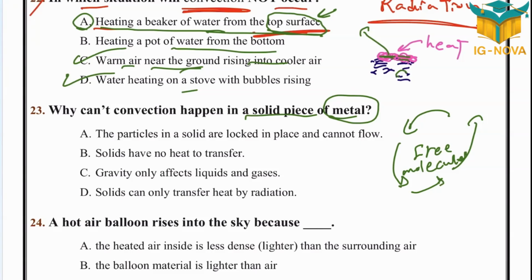In a metal, the molecules are very tightly packed, with no chance for molecules to escape. The parts of the solid are locked in place and cannot flow. The only thing they can do is vibrate in their places. Electrons can move freely, but the particles are locked in place.